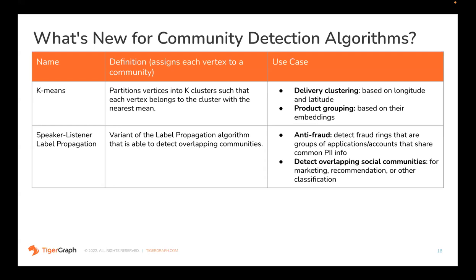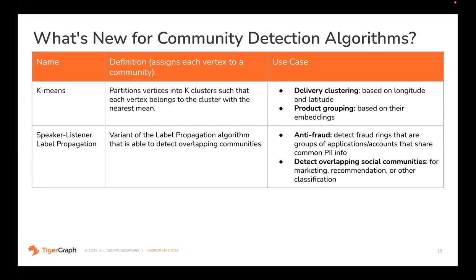So every vertex belongs to exactly one partition. Clustering or community detection is a little more general. It says, assign vertices to a community. It may not necessarily include everybody. You might leave some out.